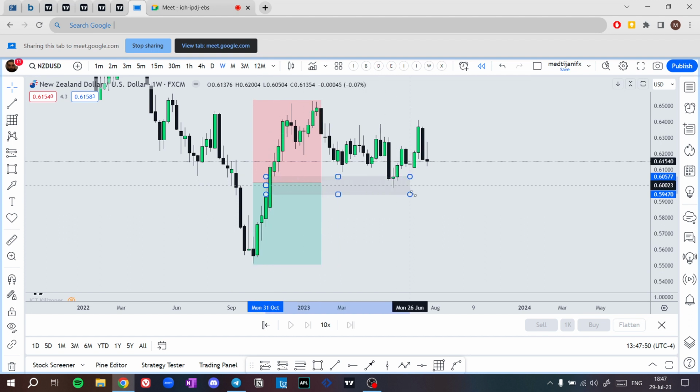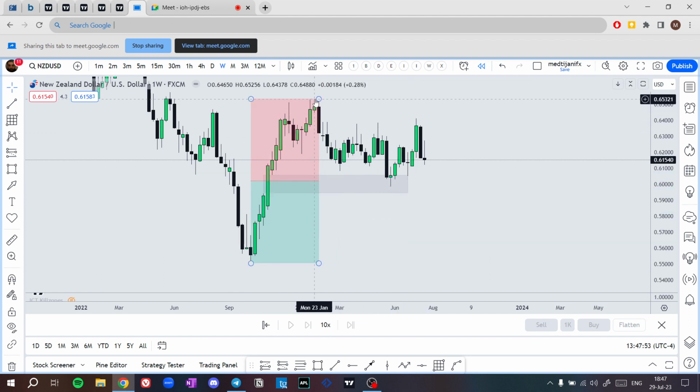Explain what price has done and how it has retraced to this fair value gap to equilibrium, and now we are seeing bullishness. Just explain from this high to this low. That's our homework. Do that in a PDF file and send it to me.